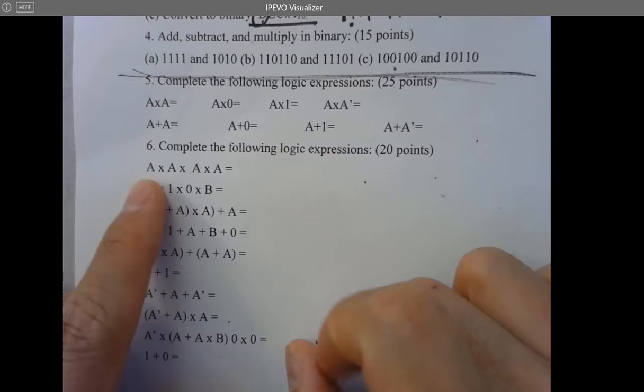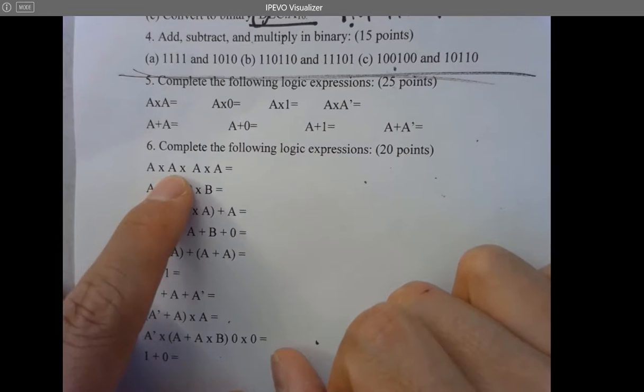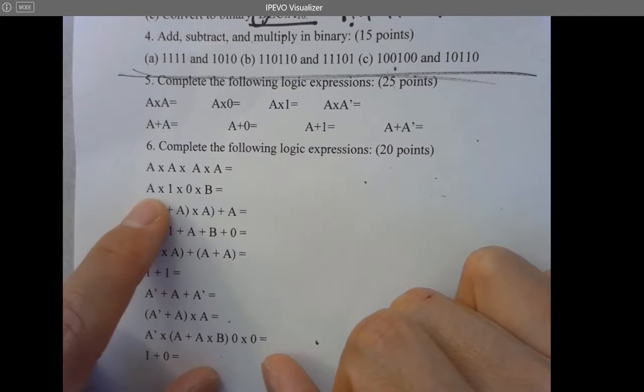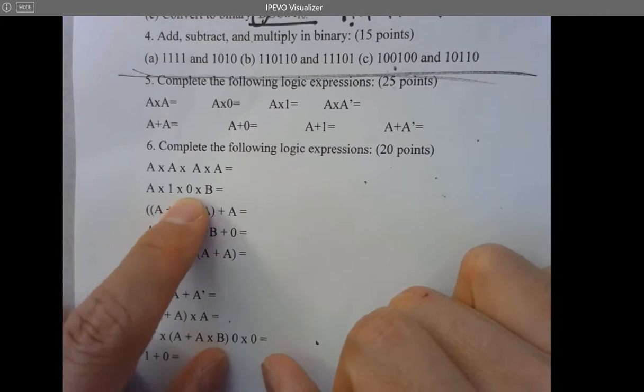Let's do this. A and A is A, and A is A, and A is still A. A and 1 is A. A and 0 is 0. 0 and B is 0. So whenever you see a 0 in the AND operation, everything will be killed. It's going to be 0 eventually.